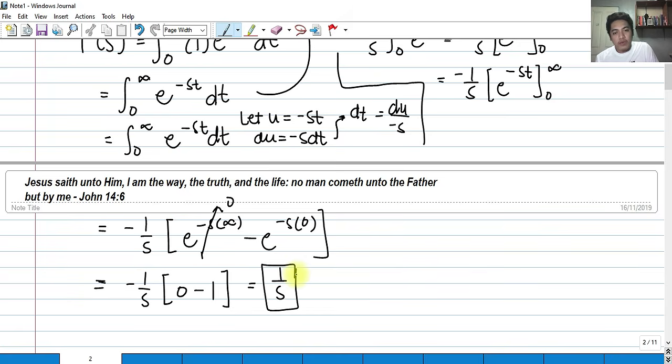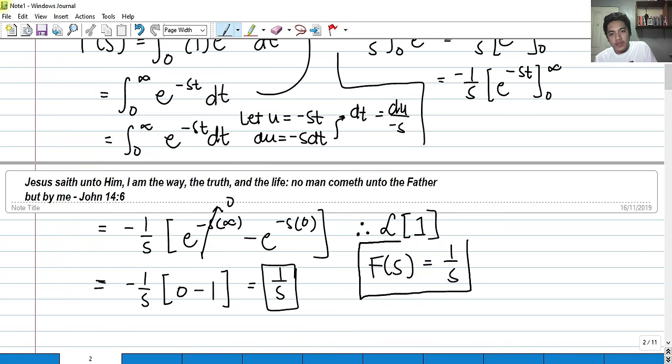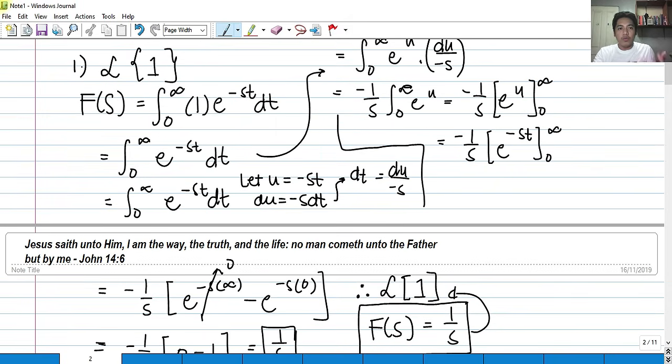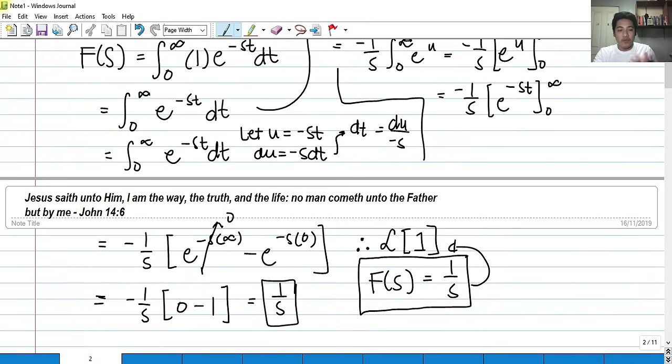Therefore, the Laplace transform of 1, f of s of 1, is simply equal to 1 over s. That's the answer to our problem number 1. The Laplace transform of a constant 1 is equivalent to 1 over s.